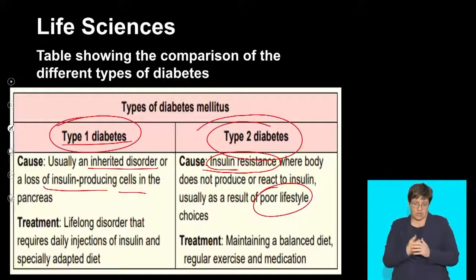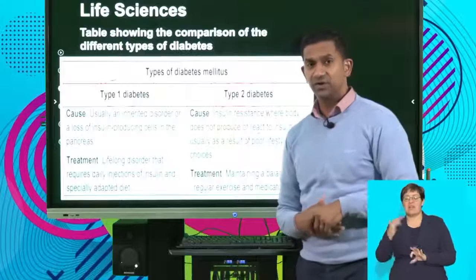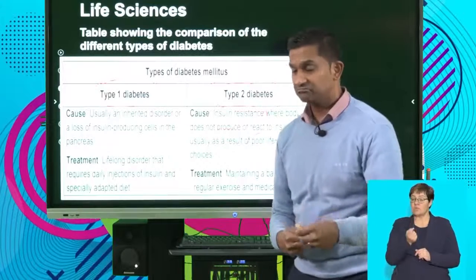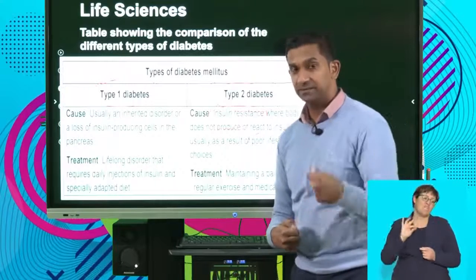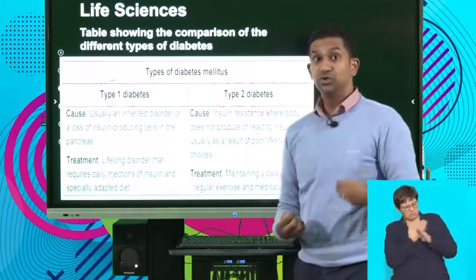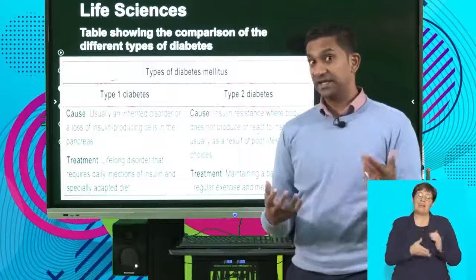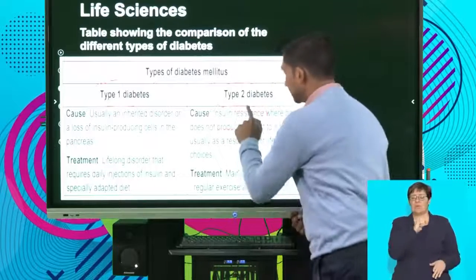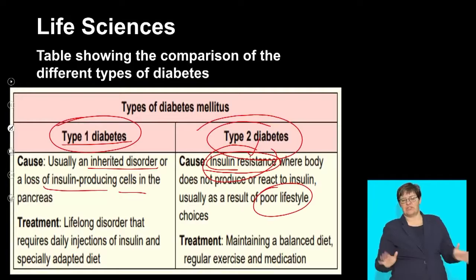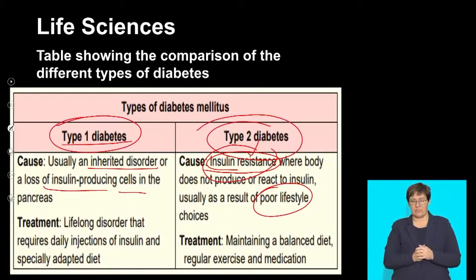And in doing so, gradually builds up resistance. I use this as an analogy of when you take a medication, say a paracetamol, and you constantly take that every day. At some point, when you do need to take that for a headache, it's not going to have the same effect because you've built up some form of resistance to it. And so that is essentially what we refer to as type 2 diabetes.